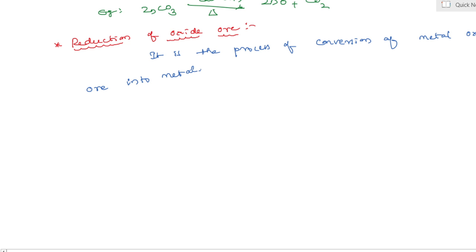Example, zinc oxide plus coke. Coke is termed as, my dear students, a reducing agent. Yes, it can give rise to zinc as well as carbon dioxide.